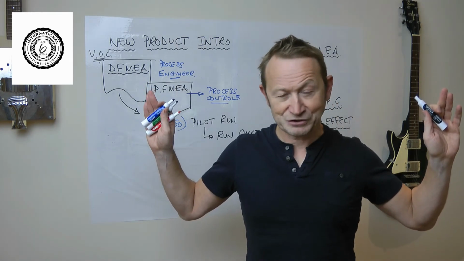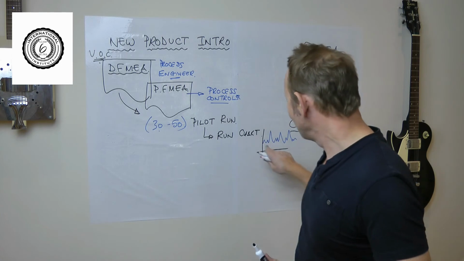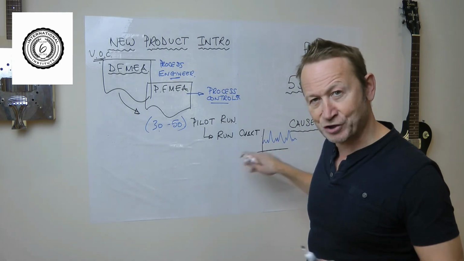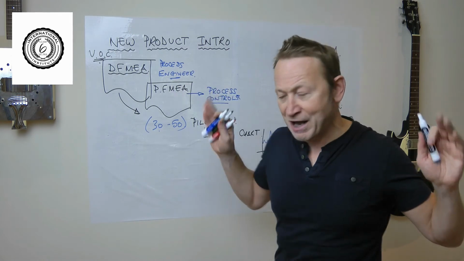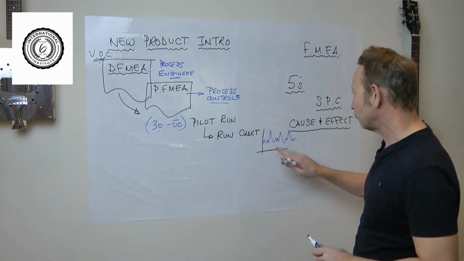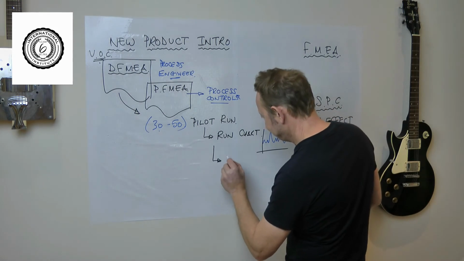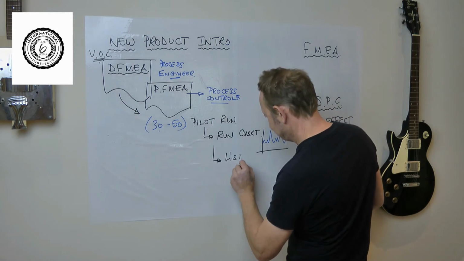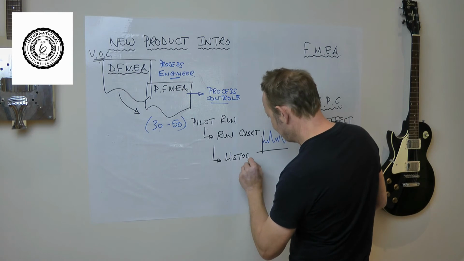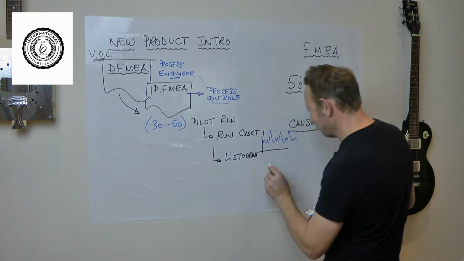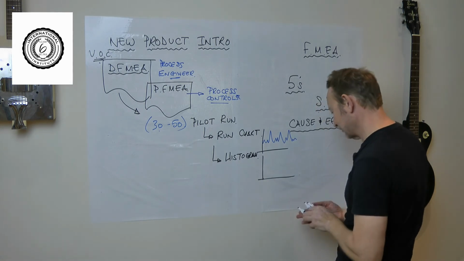Don't touch the process. We want to see real data here. We want real process information. You can only get that by taking your hands off. So we're going to use a run chart. Then the next one we want is a histogram. We're going to take some pictures here.